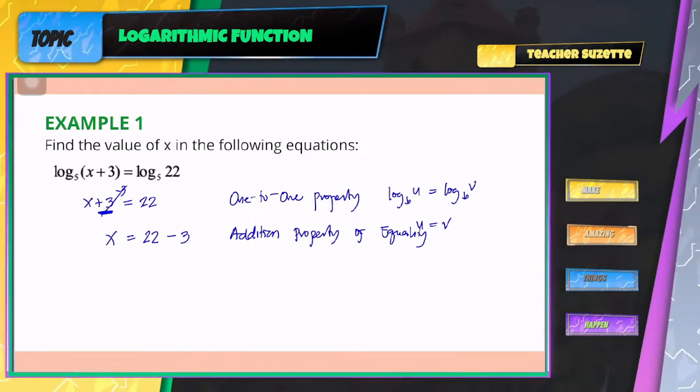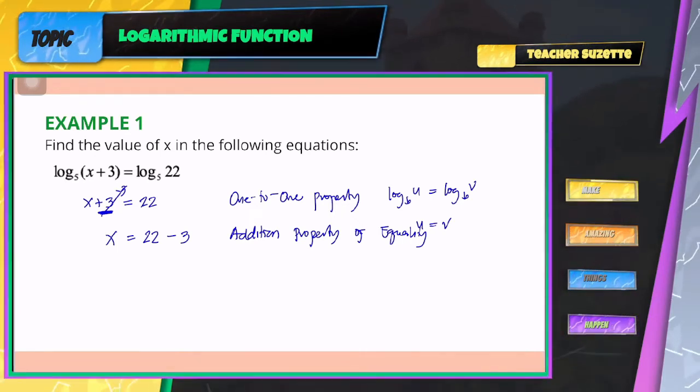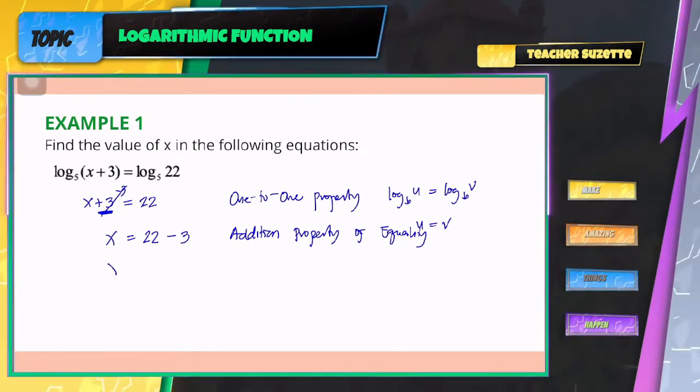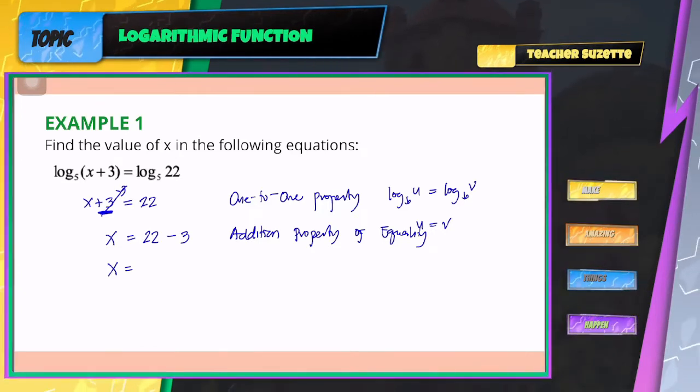And magkakaroon tayo ng 22 minus 3 sa ating right side. So, our x now will be equal to 19.